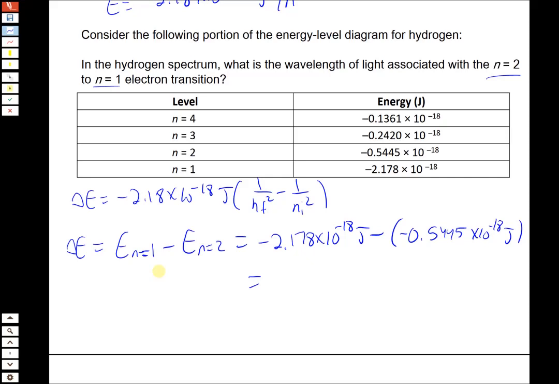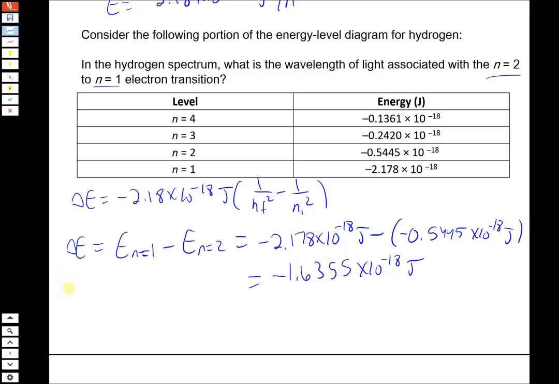And so we should get minus 1.6355 times 10 to the minus 18 joules. So that's delta E, just taking the two numbers and subtracting them. And again, it's negative in this case.